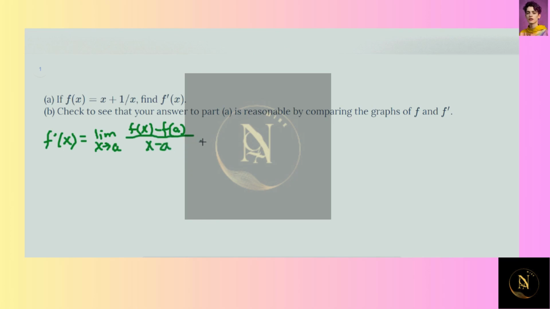Okay, our limit will be f of x, x plus 1 over x, minus the function evaluated at a, a plus 1 over a, all divided by x minus a.